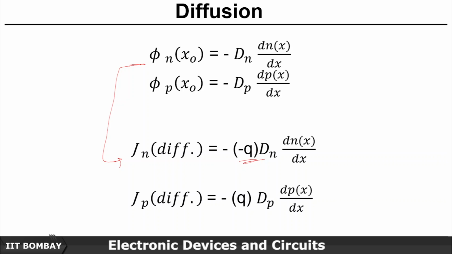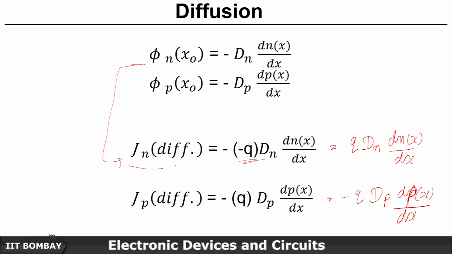Multiplying the flux with the charge gives us the diffusion current, which comes out to be q Dn dn(x) by dx. Similarly for holes, it is minus q Dp dp(x) by dx. The interesting thing to notice here is that in this diffusion current, there is no role of electric field.